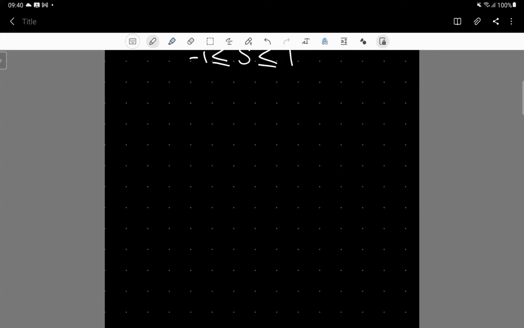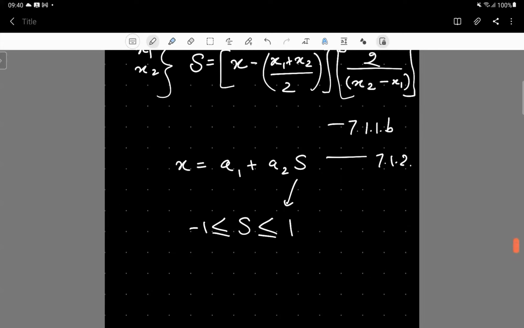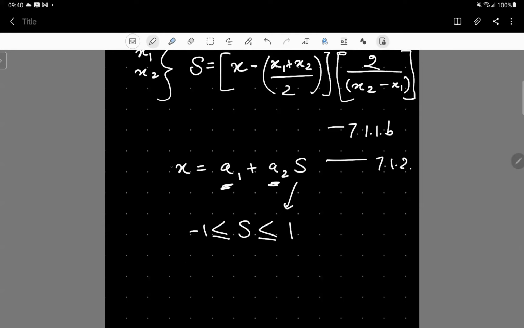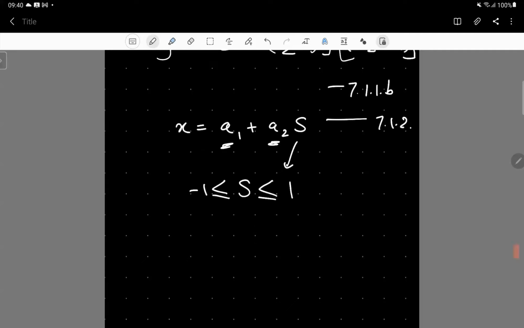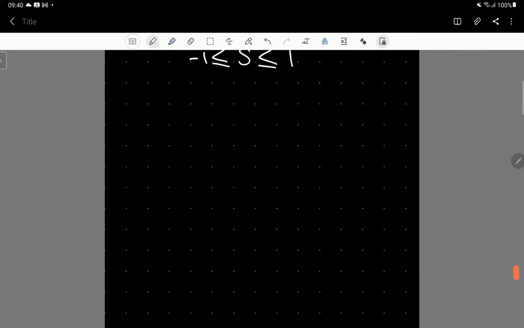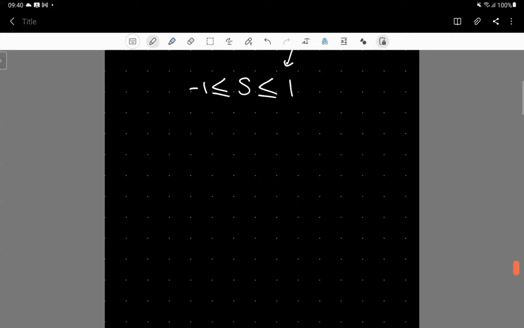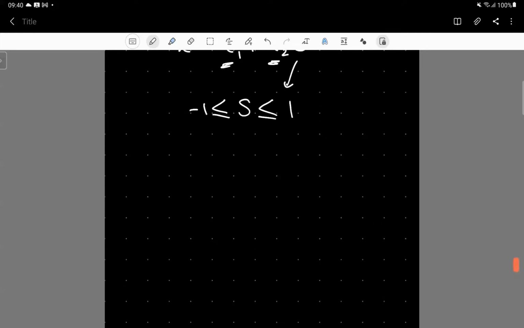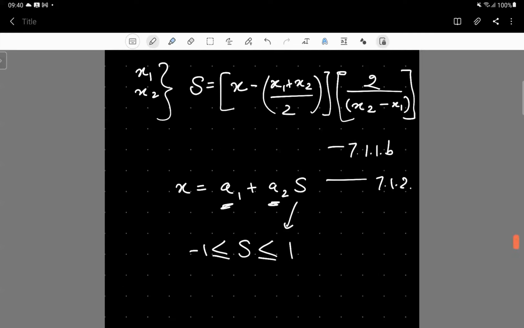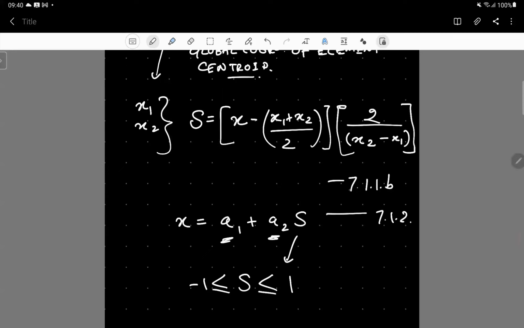So our idea is to find a1 and a2, so that we find the relationship between the shape of the element as well as the natural coordinate system. By substituting the x1 and x2 coordinate values, we establish the same relationship. You can obtain it by solving equation 7.1.1b.